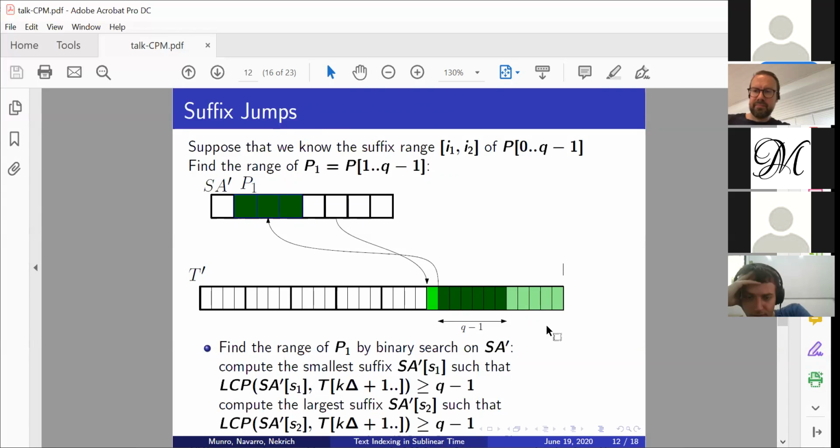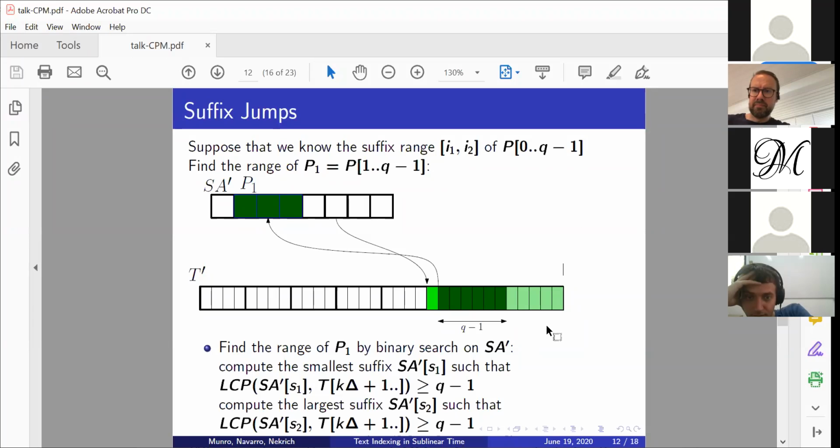So we'll find the smallest such suffix and the largest such suffix. Once again, if we look at this suffix starting at position k delta plus 1, we're looking for the range of suffixes with LCP at least q minus 1.